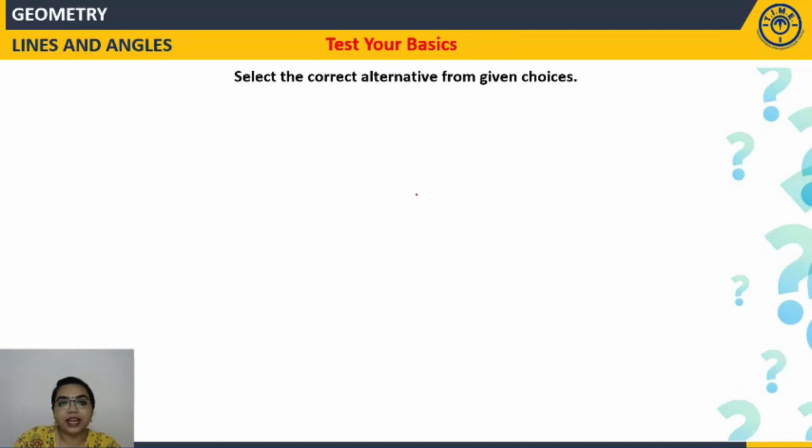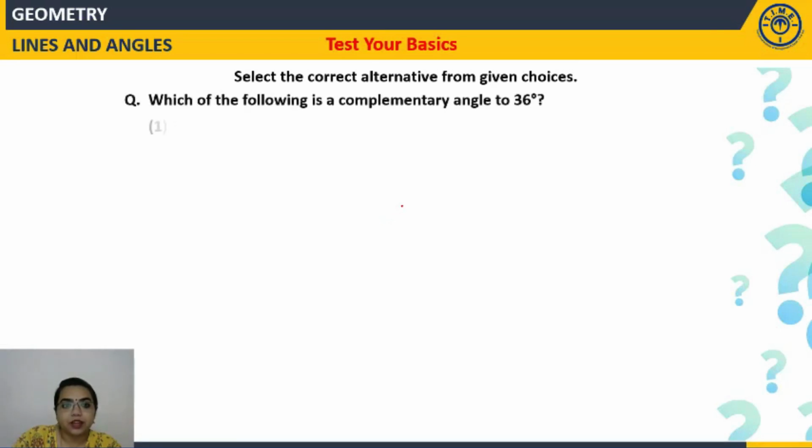Let us move ahead. The next category of questions that we have are multiple choice questions. Let us see the first one. Which of the following is a complementary angle to 36 degrees? Again, let us recall what we mean by complementary angles.